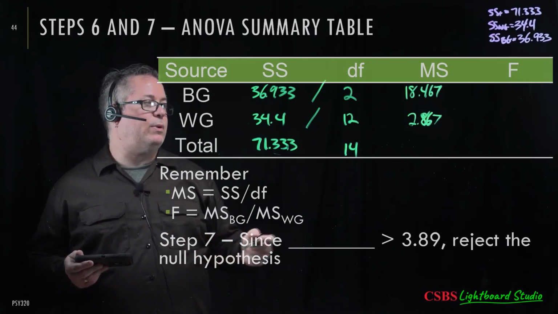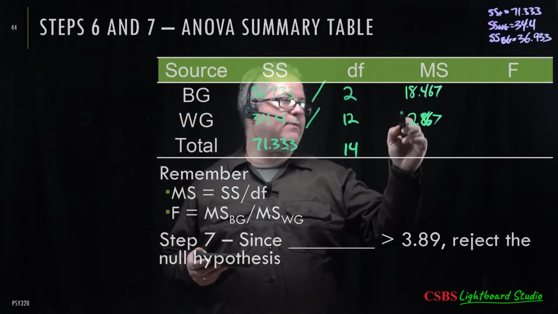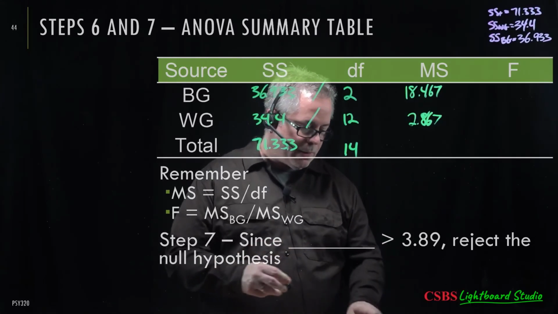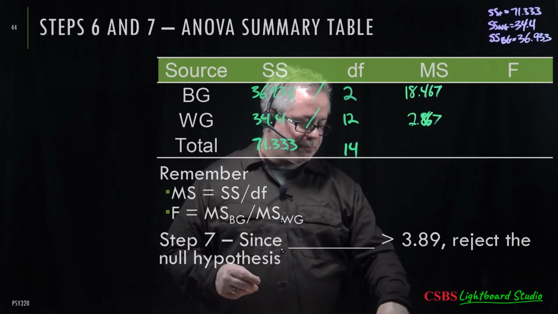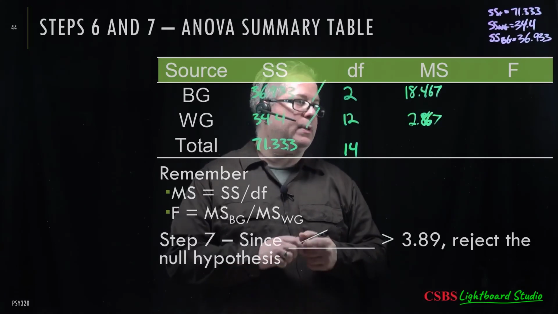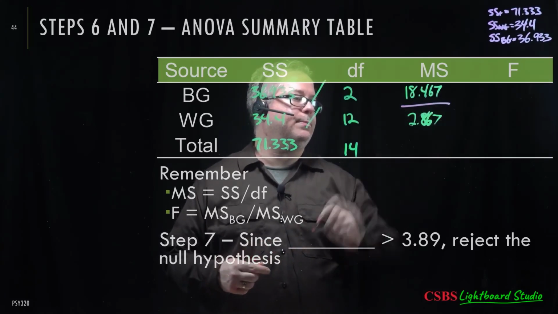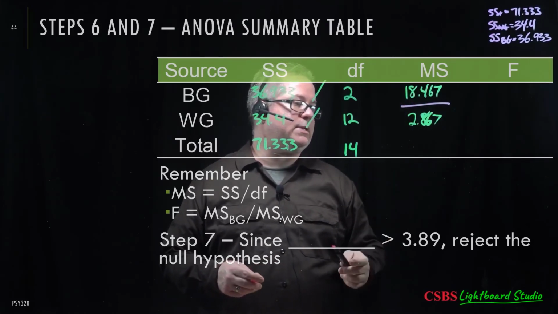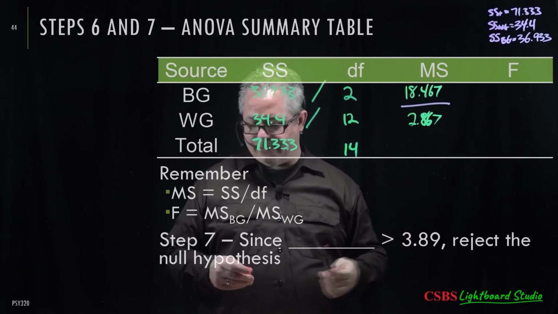Because what we really need to do now, to get my F value, is divide the other way. I'm going to take 18.467 and divide that by 2.867, and that's going to give me my F value.